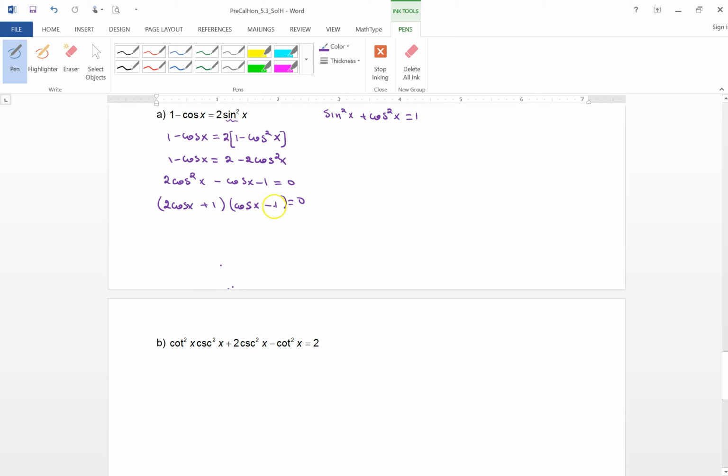So here I get cosine of x equals negative 1/2. Cosine of x equals 1. Cosine of x equals 1 at x equals 0. And it equals negative 1/2 in the second and third quadrants at x equals 2 pi over 3 and 4 pi over 3. So those are the answers.